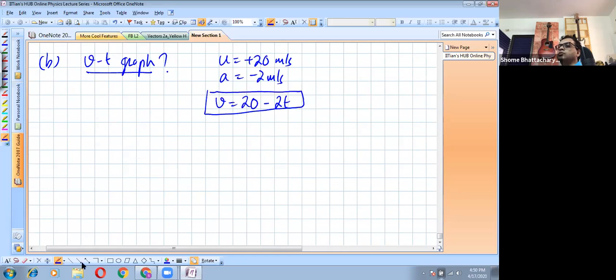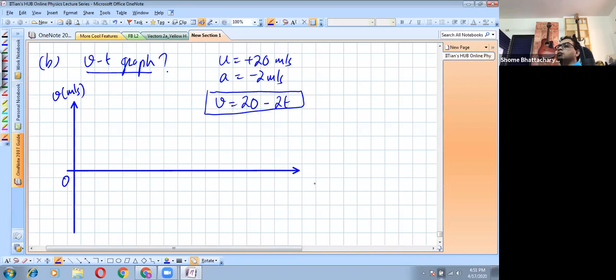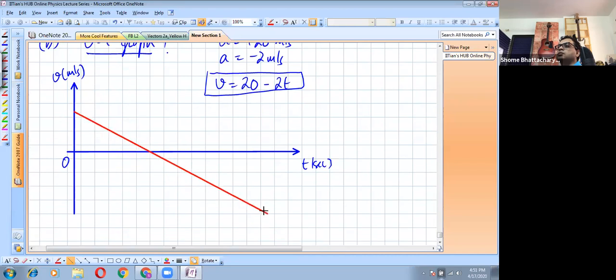So let's get down to doing that first. So let's say this is time in seconds. Now my graph will look like a straight line with a positive y-intercept of 20 and a negative slope of 2. So it will basically look like some kind of graph like this. I'm not really concerned with how much time, so just assume the graph is just going on.